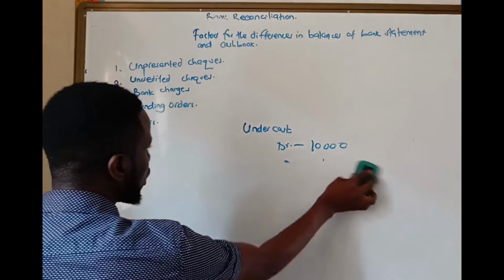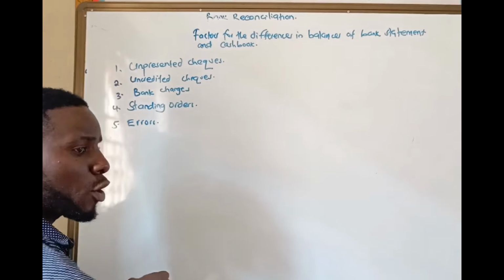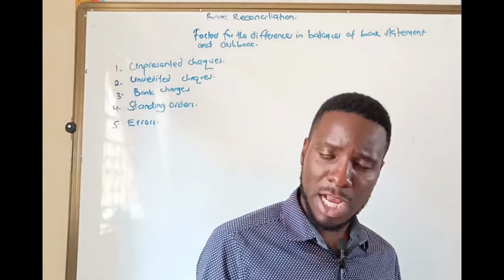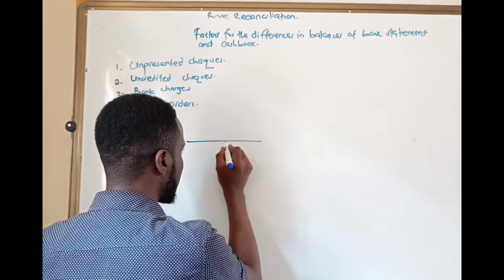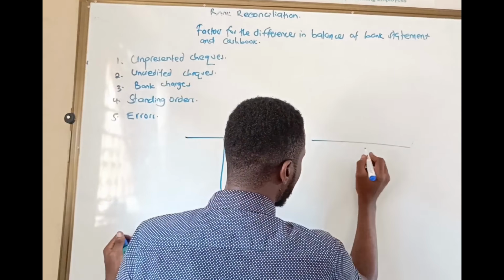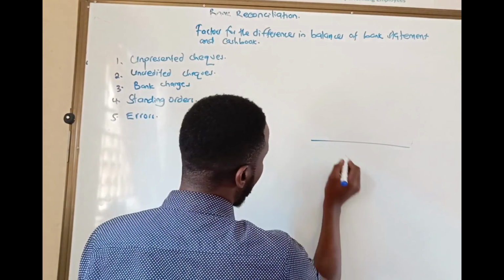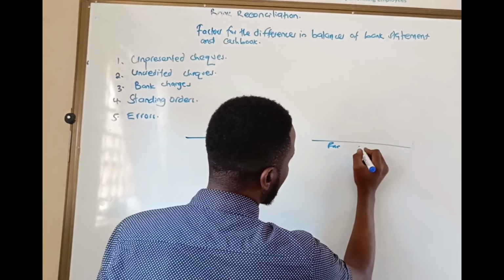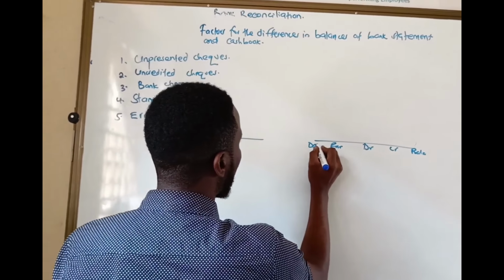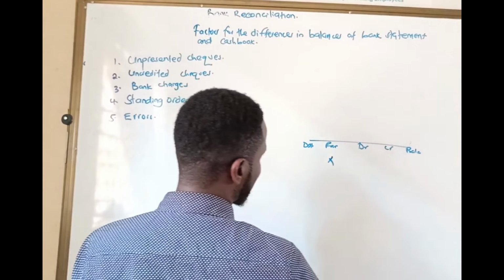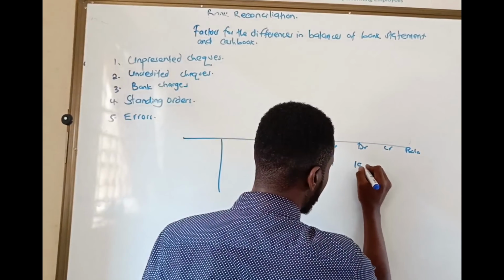Then we can also have a wrong posting when it comes to the cash book. For example, this is the cash book and this is our bank. When it comes to our bank, our particulars here, we have our debit, credit, and balance. Now, you find an item X is posted on the debit side, let me say 1,000.